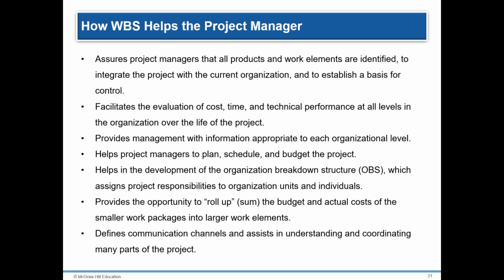The WBS also provides management with information appropriate to each level. For example, top management deals primarily with major deliverables, while first-line supervisors deal with smaller sub-deliverables and work packages. Each item in the WBS needs a time and cost estimate. With this information, it is possible to plan, schedule, and budget the whole project.